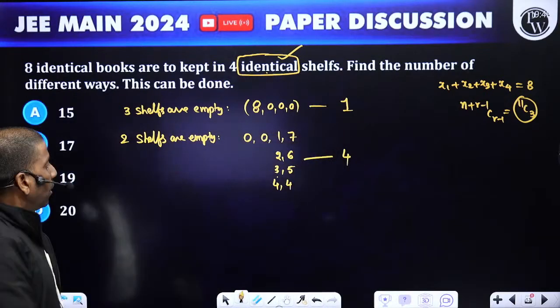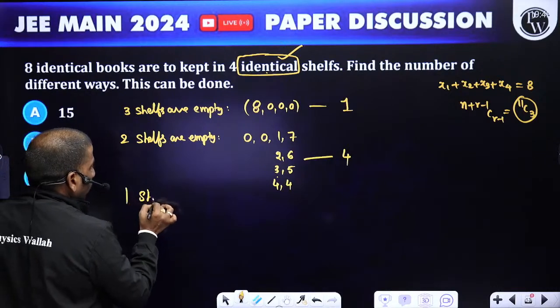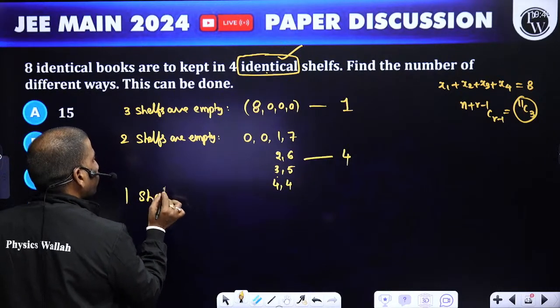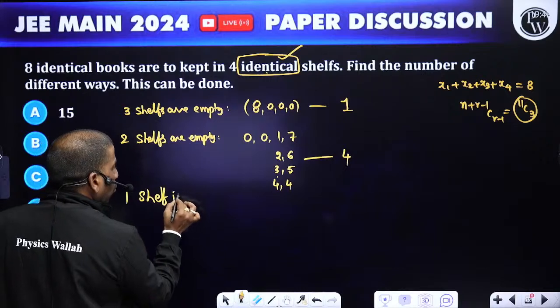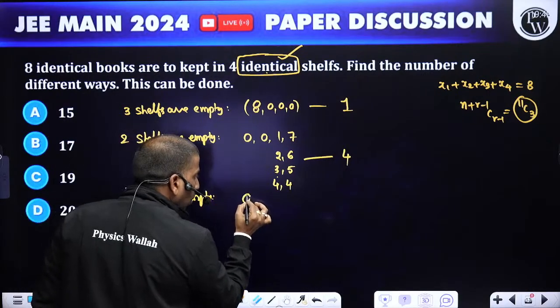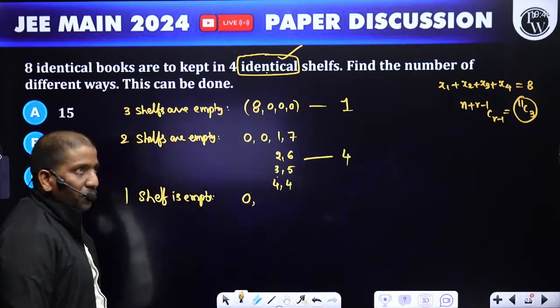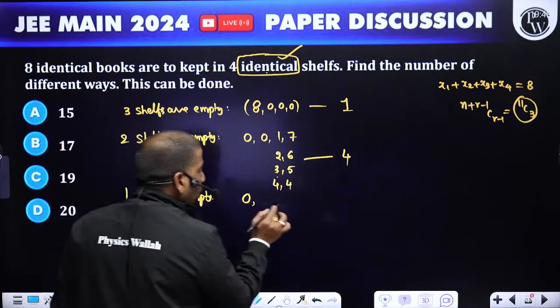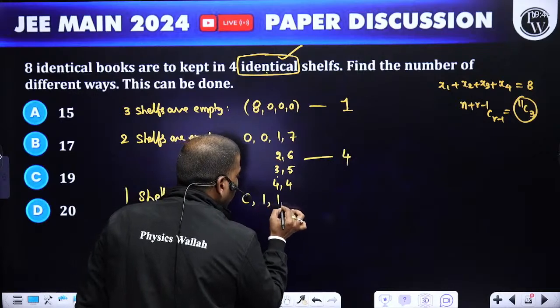Next, only 1 shelf is empty. With 1 shelf empty, we need to distribute 8 among 3 shelves. I will tell you one logic.